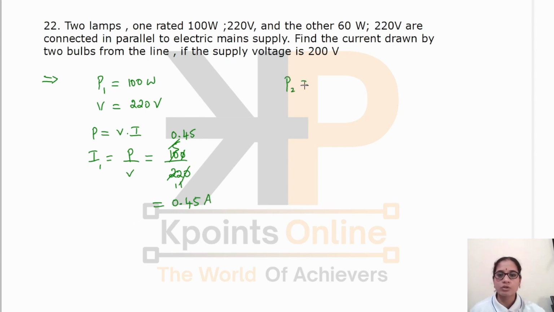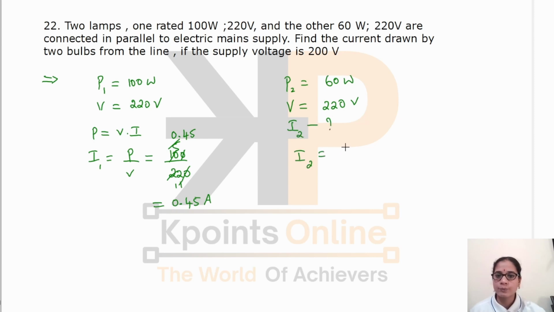Let P2 be the power of second bulb, which is equal to 60 watts. And the voltage V is equal to 220 volt. Now we have to calculate the current drawn by it.